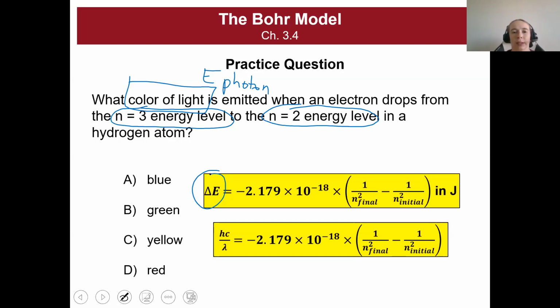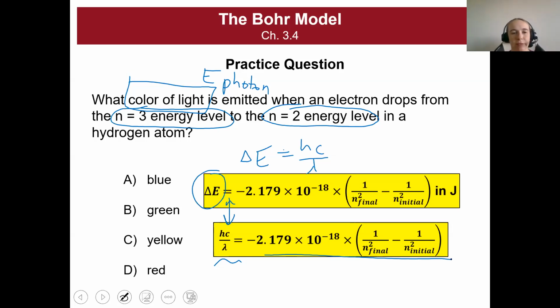That delta E, the energy that is emitted, is going to be equal to or related to the wavelength of the photon that is emitted. So I just related these two equations. hc over lambda is going to be equal to this equation where the energy is in joules.